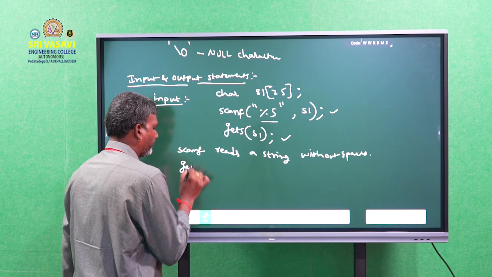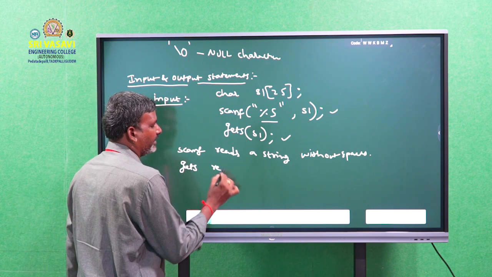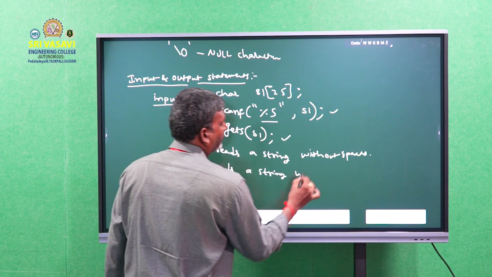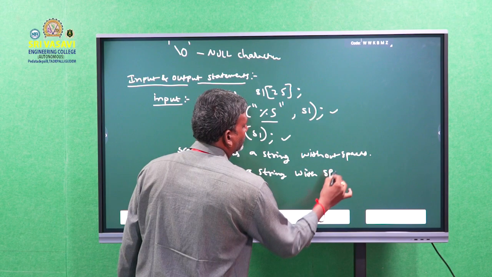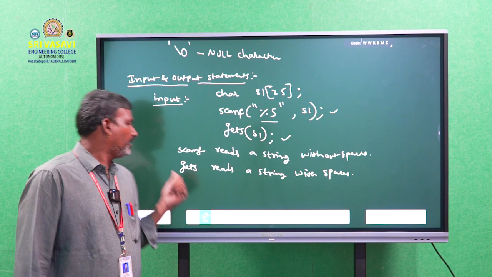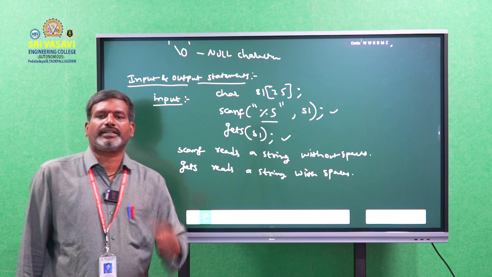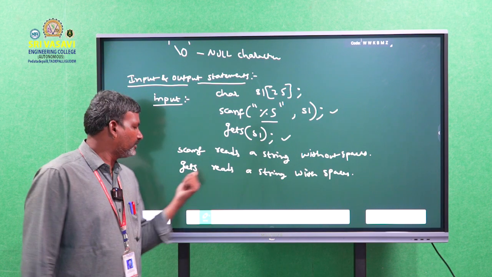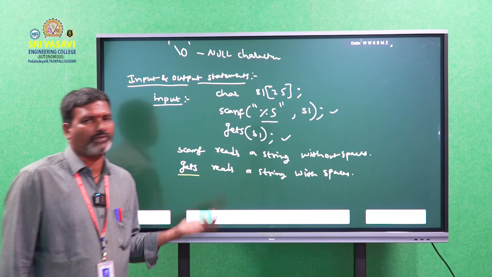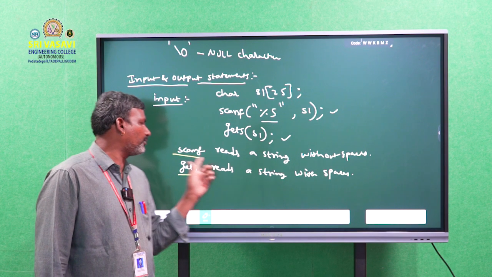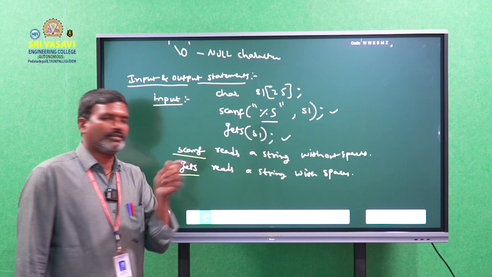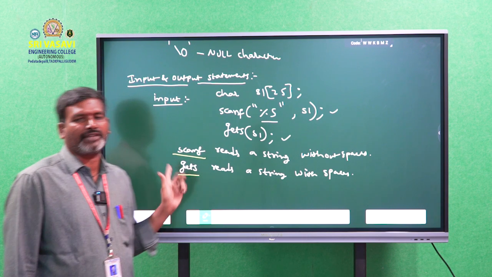And gets reads a string with spaces, meaning a string containing any number of spaces. Gets reads without any errors or warnings. But with scanf, at the first occurrence of a space, the remaining string is omitted by the scanf statement.